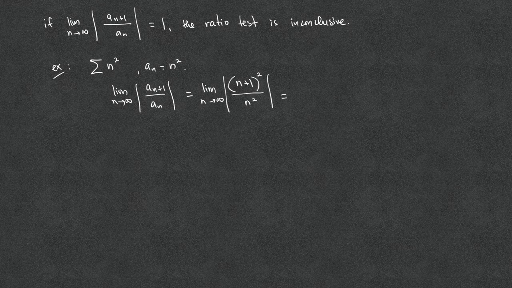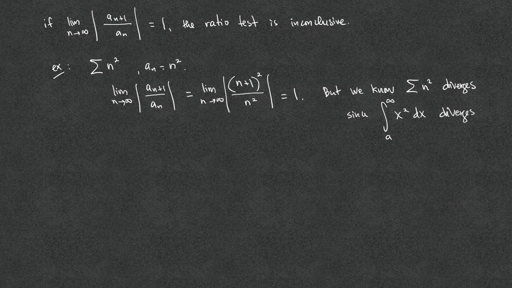We find that the limit is 1. But we know that the series of n squared is divergent because the integral of x squared as x goes from a to infinity is infinity. The integral is divergent, so the corresponding series diverges.